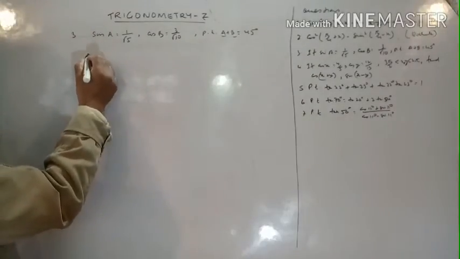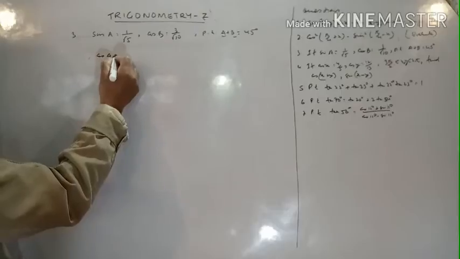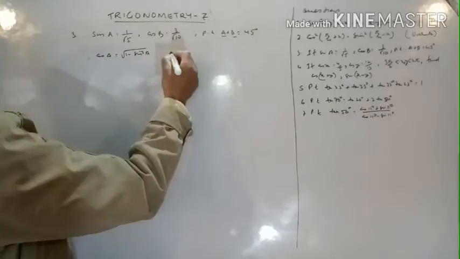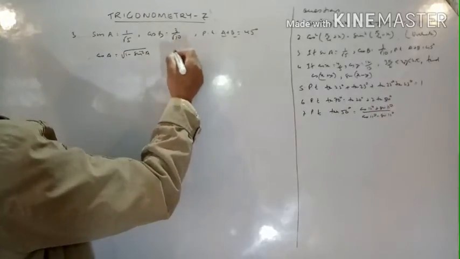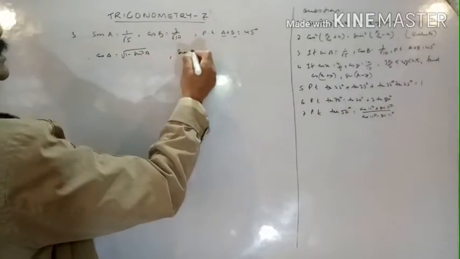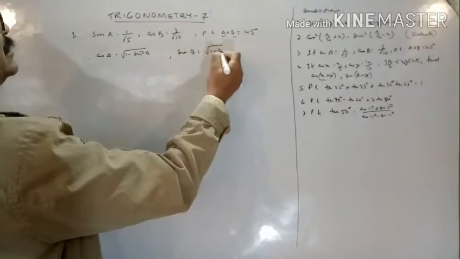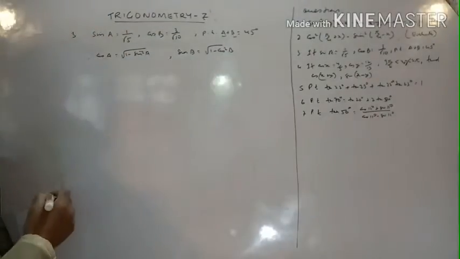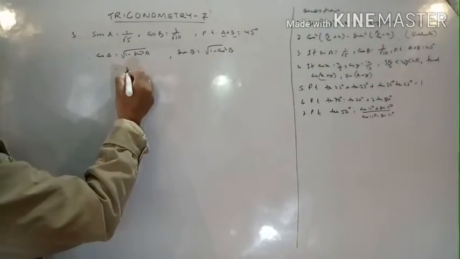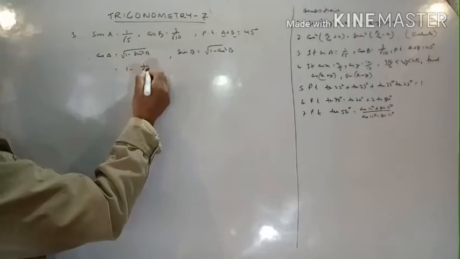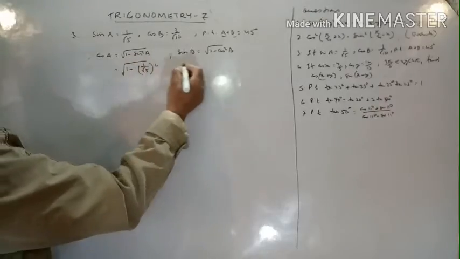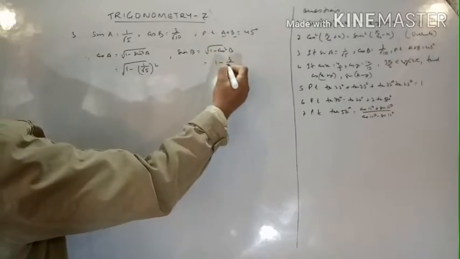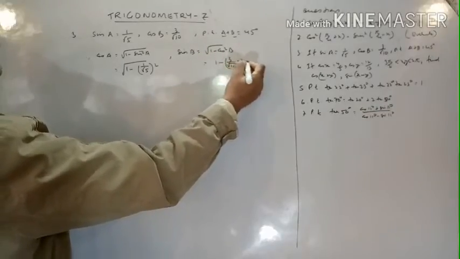From sine A we find cos A: cos A is equal to root over 1 minus sine square A. And from cos B we find sine B: sine B is equal to root over 1 minus cos square B. So cos A equals root over 1 minus (1 by root 5) whole square, and sine B equals root over 1 minus (3 by root 10) whole square.